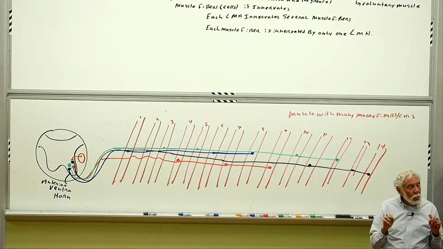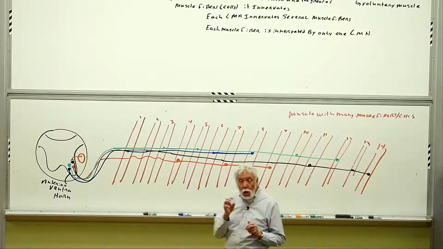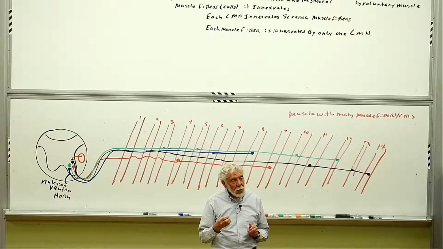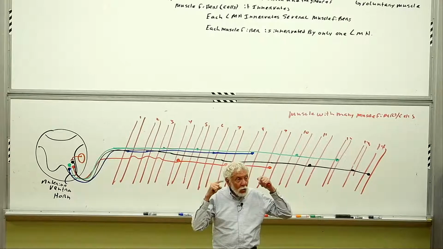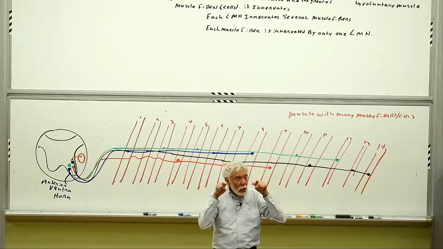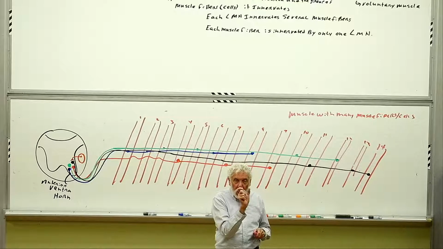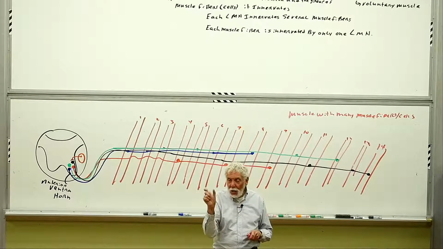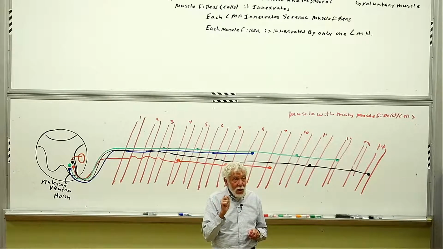Those are very small motor units because with those fine motor units you get very delicate control. Another place where you find really small motor units is in the extraocular eye muscles. These are the muscles that operate your eyeballs. And if you've ever watched someone read, you can watch their eye move across the page, move down, come back, move across the page. That's very, very fine movement.